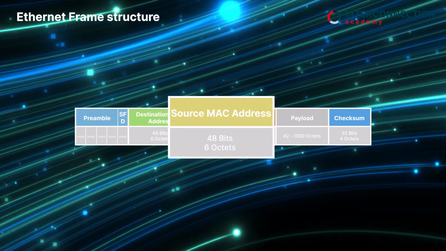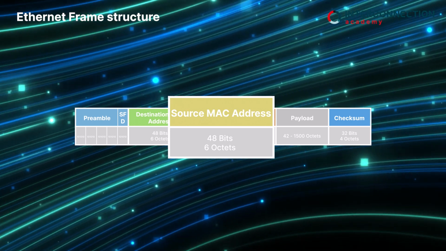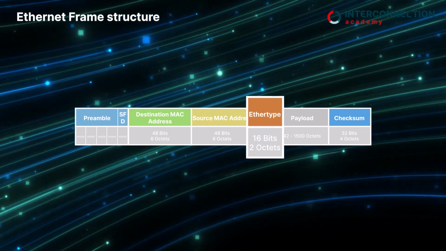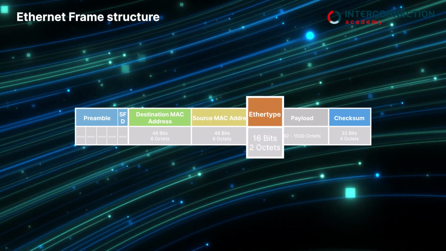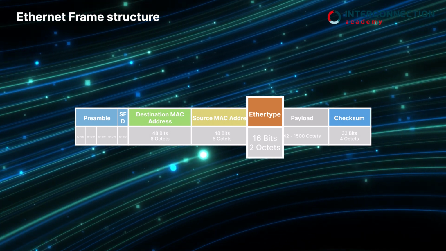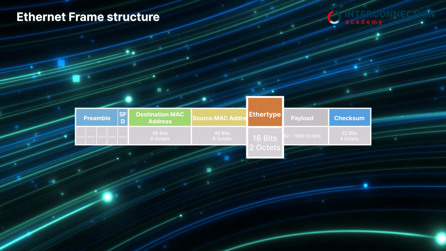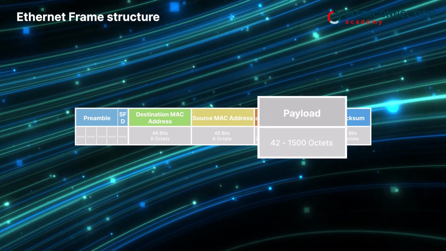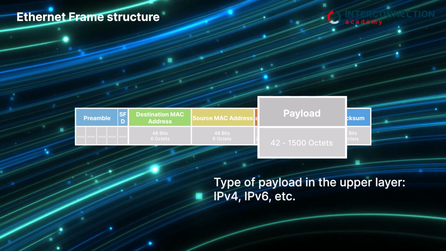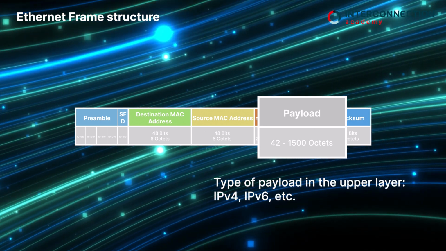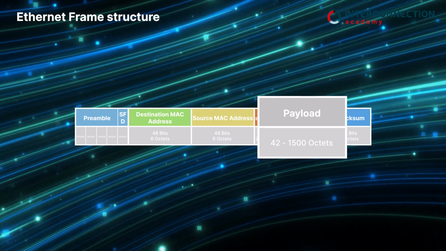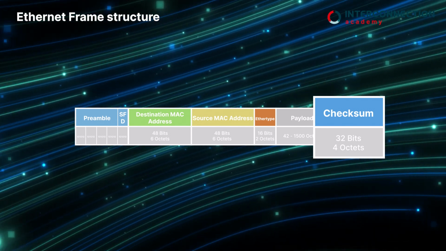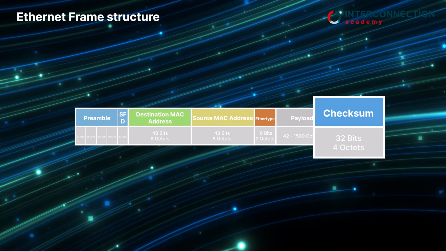Next is the source address field, which identifies the sender station. After that, we encounter the EtherType field, which consists of 16 bits and informs the networking stack about the type of payload or the data present in the upper layer, such as IPv4, IPv6, or other protocols. The structure of the frame concludes with a checksum field, which helps ensure data integrity.